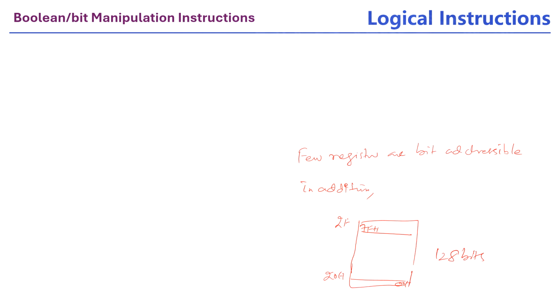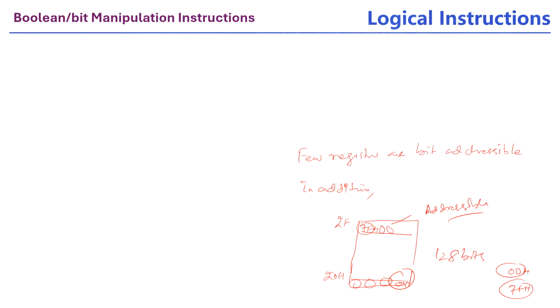Each bit within these locations is addressable. That means the bit addresses are available within the range of 00H to 7FH.